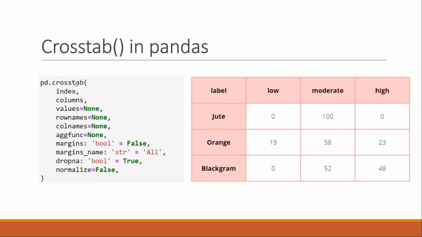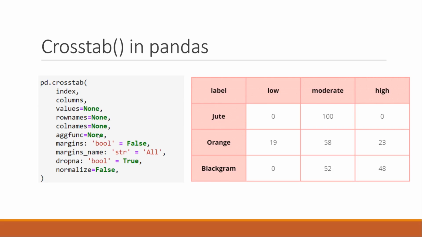So here is the syntax for this one. We have index, so this is the index value. We have put the label as an index. Then we have columns. So you can just provide the name of a column over here. In case you want to provide multiple column names, then you can pass a list in this columns parameter. In case you want to apply a function on all the rows of the data set, then you can use the aggregate function.